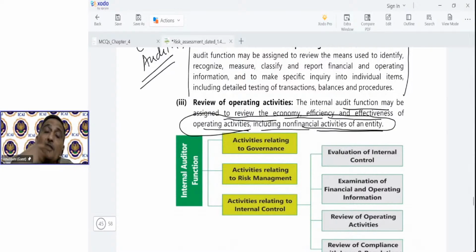The management may ask him to prepare a report on the reasons why it is not working at the optimum capacity, why it is happening, so he can talk to other people and prepare the report. So economy, efficiency and effectiveness of operating activities. So he can undertake review of financial activities and also of non-financial activities. Okay.